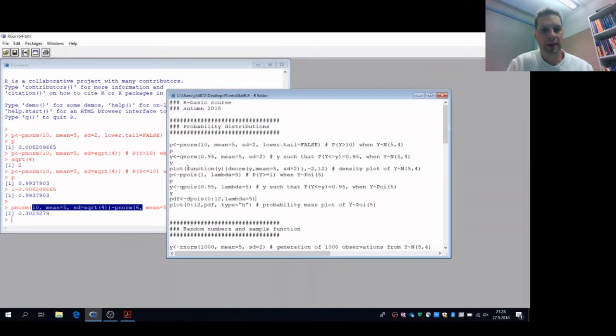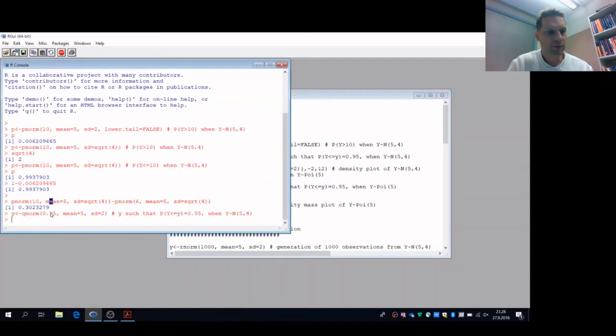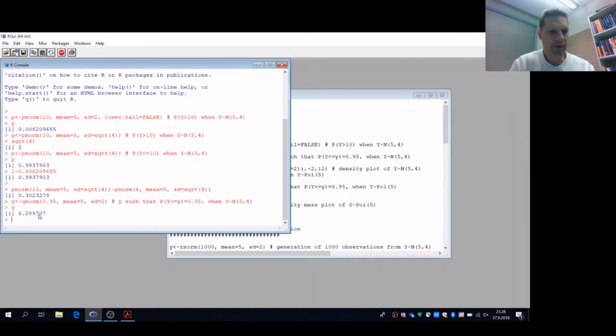So next we have this qnorm, which basically gives us the quantiles. We can obviously calculate these quantiles for many probabilities.